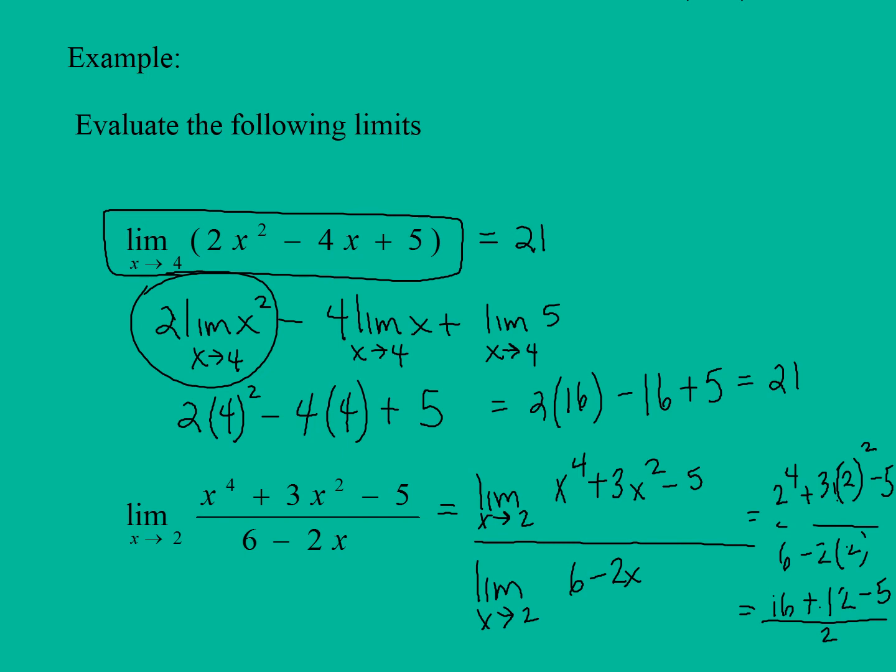So this we said is 12 minus 5, all divided by 6 minus 4, which is 2. So it appears we would get 28 minus 5 is 23 divided by 2.